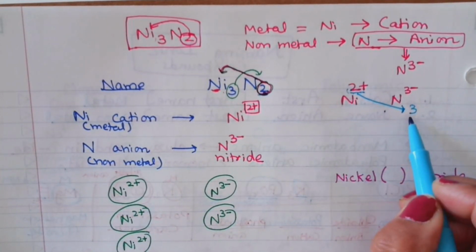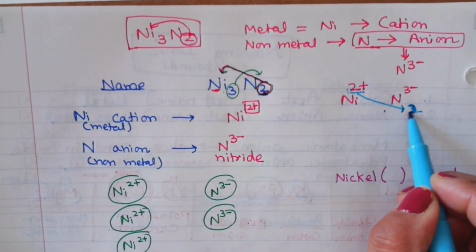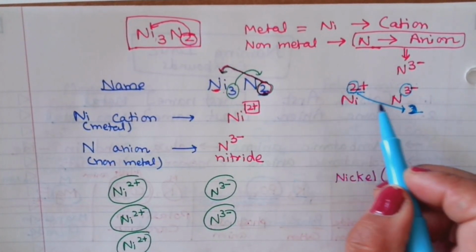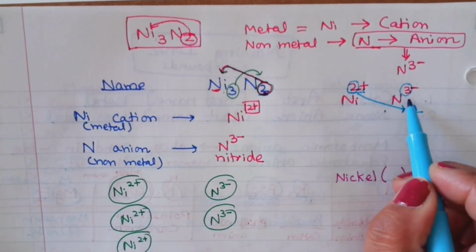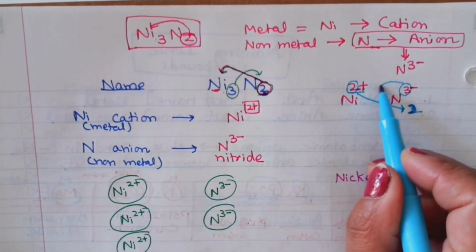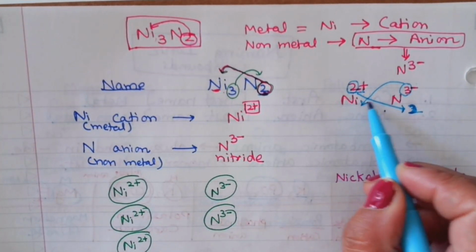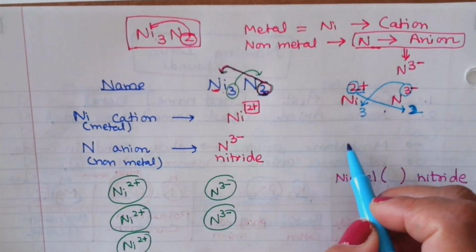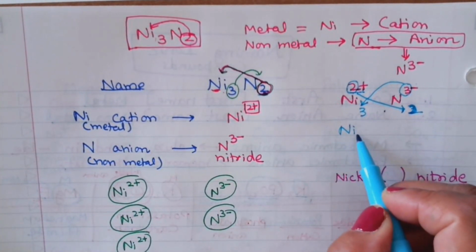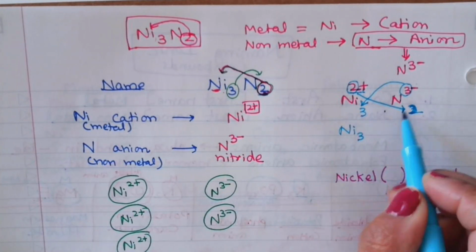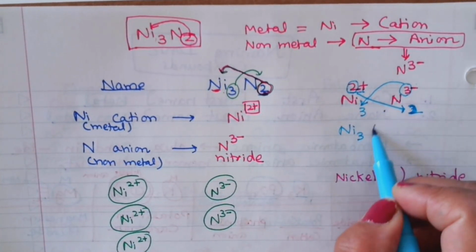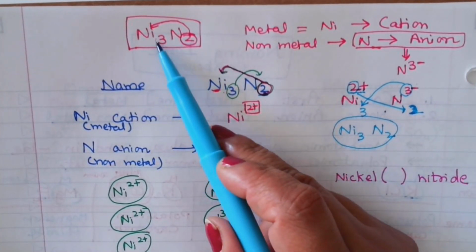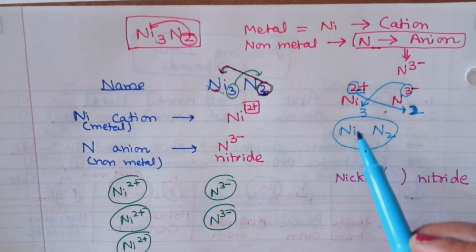So this 2 comes here, and take the charge, only the numerical value of the charge we need. We do not need plus and minus. Take this 3, the charge value of nitrogen, and make it a subscript on nickel, right? And now we have 3 nickel ions, and N has a subscript of 2, so N2. This is exactly the formula that we have here, right?